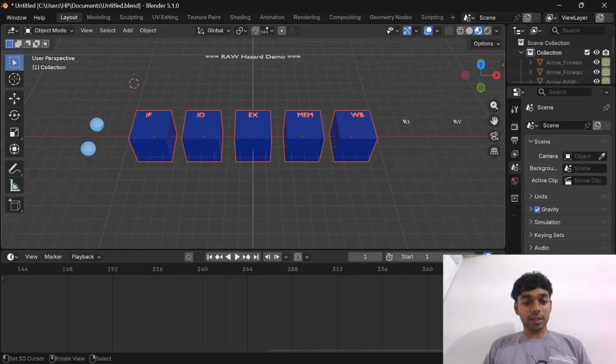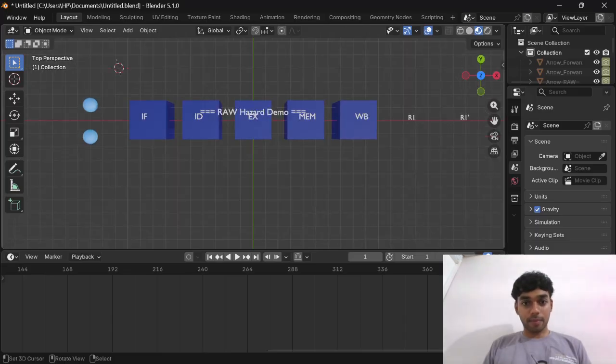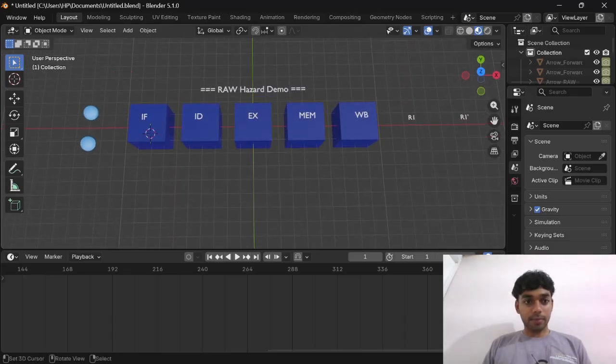If we look at the first one, it is IF, instruction fetch. Instruction is fetched in the first phase. In the second one, instruction is decoded. In the third phase, instruction is executed.